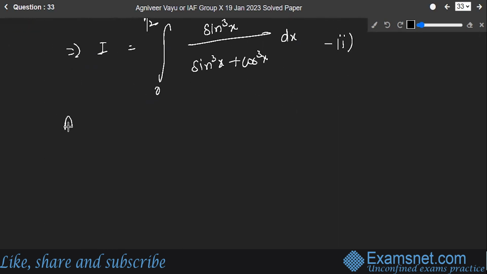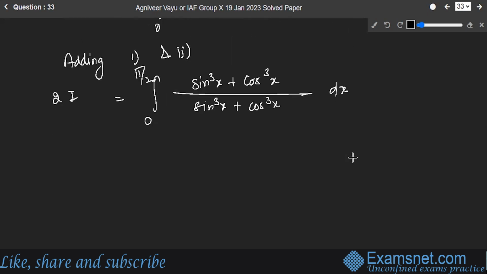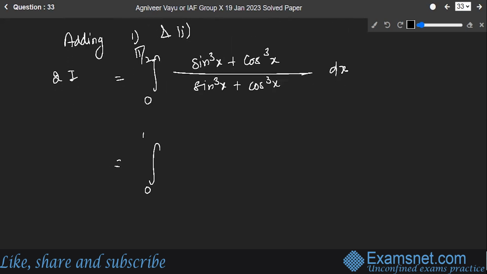Now adding 1 and 2, you will get 2I is equal to integral 0 to pi by 2 of (sine cube x plus cos cube x) divided by (sine cube x plus cos cube x) dx, that is equal to integral 0 to pi by 2 of 1 into dx, which is equal to x, the limits from 0 to pi by 2, which is equal to pi by 2 minus 0.